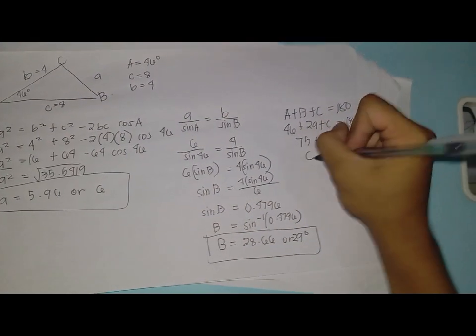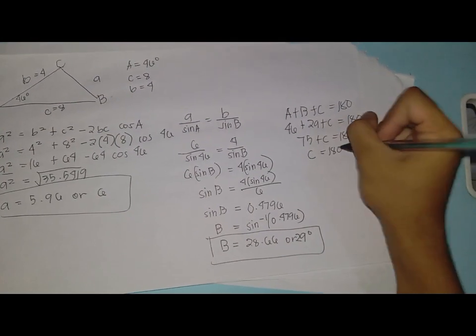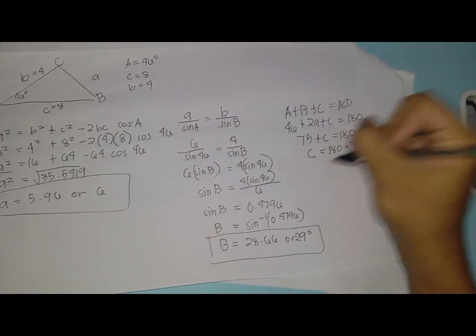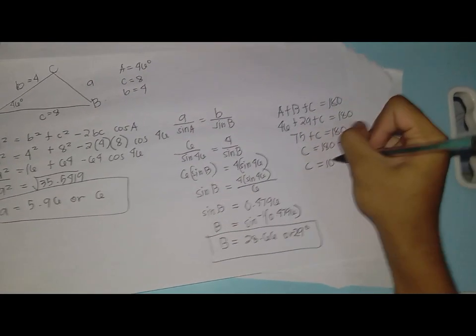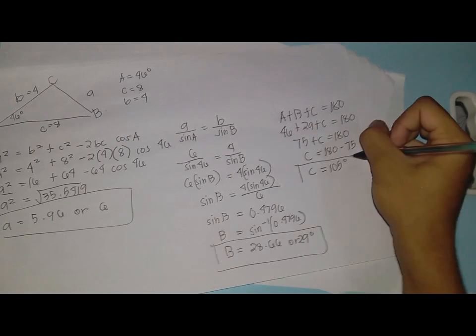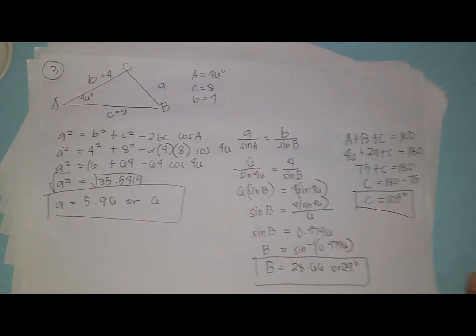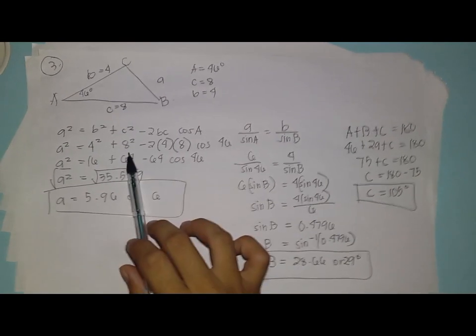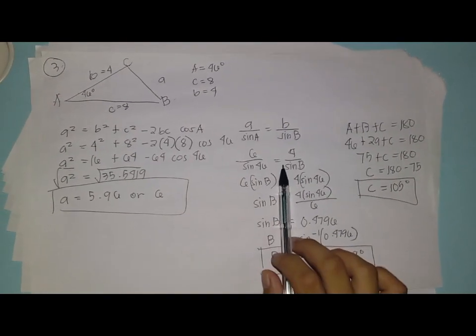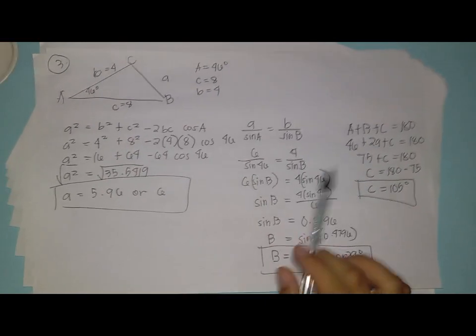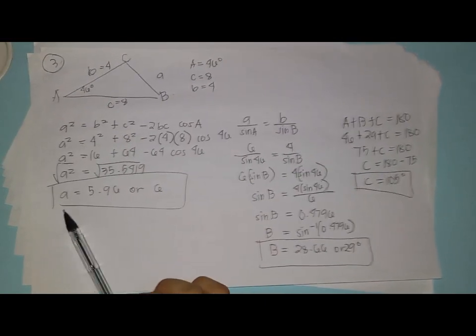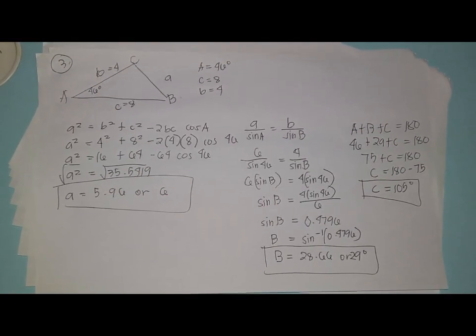Then C is equal to 180 minus 75. We have C is equal to 105 degrees. So that is how we use the law of cosine before using the law of sine to get the other angle and to get the answer.